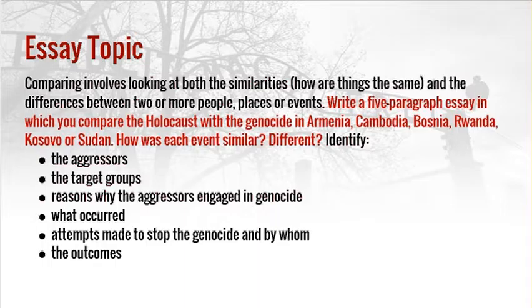Both Bosnia and Kosovo had to do with ethnic minorities inside what was formerly the Yugoslavian country. It kind of went into civil war. Rwanda was a genocide between the Hutus and the Tutsis, and then in Sudan you had a Muslim majority population that was genociding a Christian minority population. So there's tons of different genocides to choose from. So anyway, let's move on to the next slide.